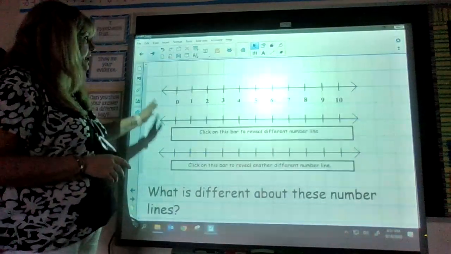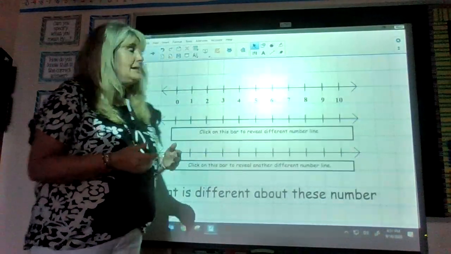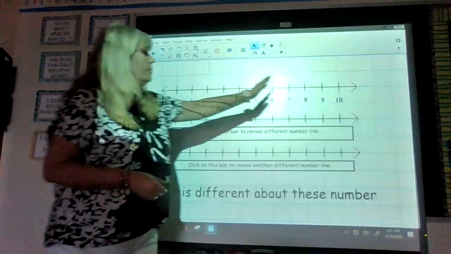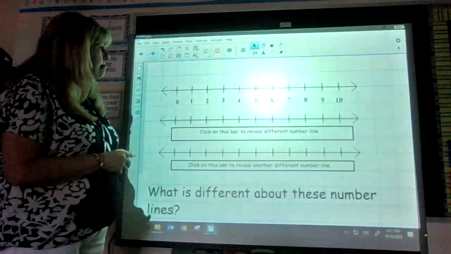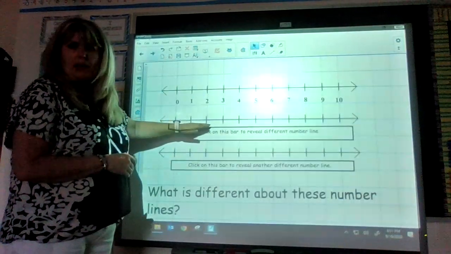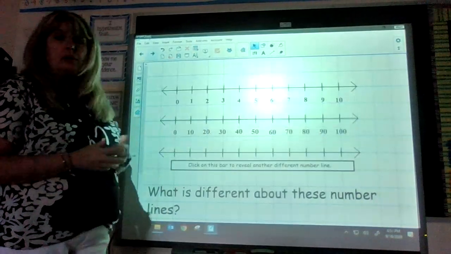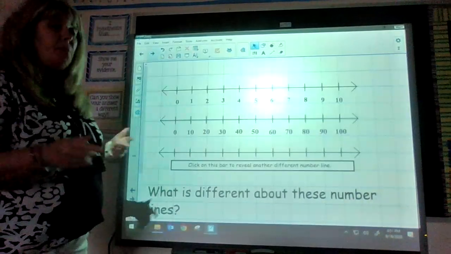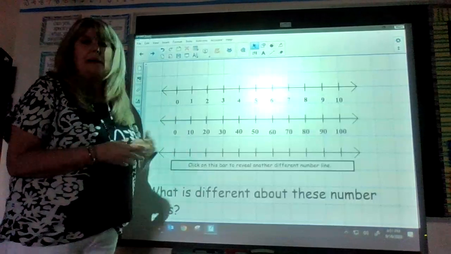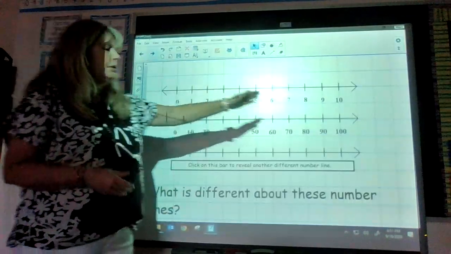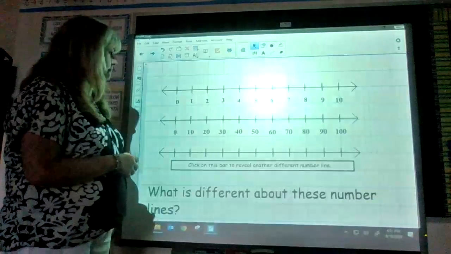Okay, now we've got another number line here. Again, it looks the same. We've got from 0 to 1. Wonder what this number line could be. Oh, what are they doing here? Well, I hope in your head you're thinking about, well, they're counting by tens from 0 to 100.